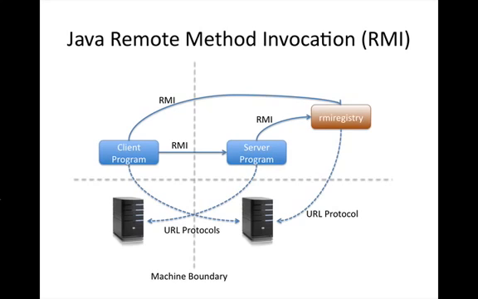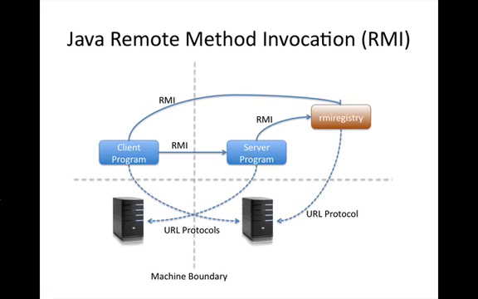But before we dive into the details, let's first take a look at how Java RMI is organized from a high level. So this diagram here shows the general architecture of a Java RMI application. On the top left here, you'll see the client program, and it's going to invoke methods across the network that are hosted in objects residing in this server program.